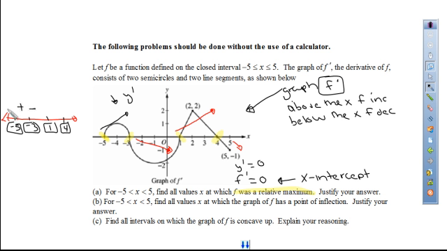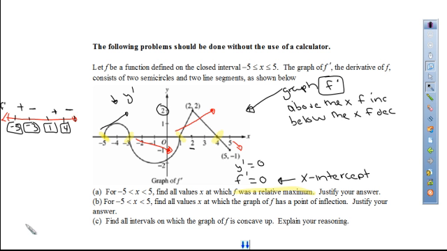My derivative is negative there, so I'm decreasing. My derivative is positive here. The reason it's positive is because it's above the x-axis. So when my x value is 2, my derivative is positive 2. And then from 4 to 5, I am below the axis, so it's negative.